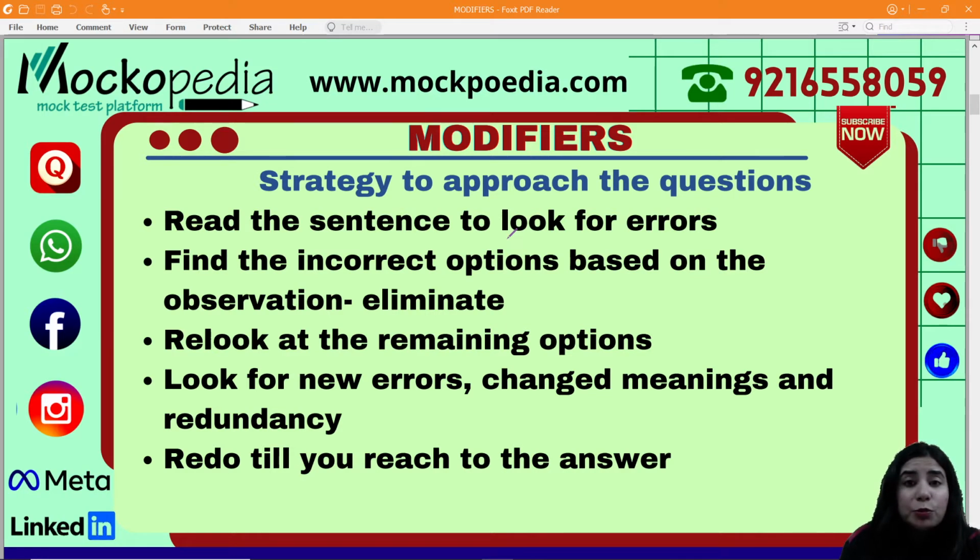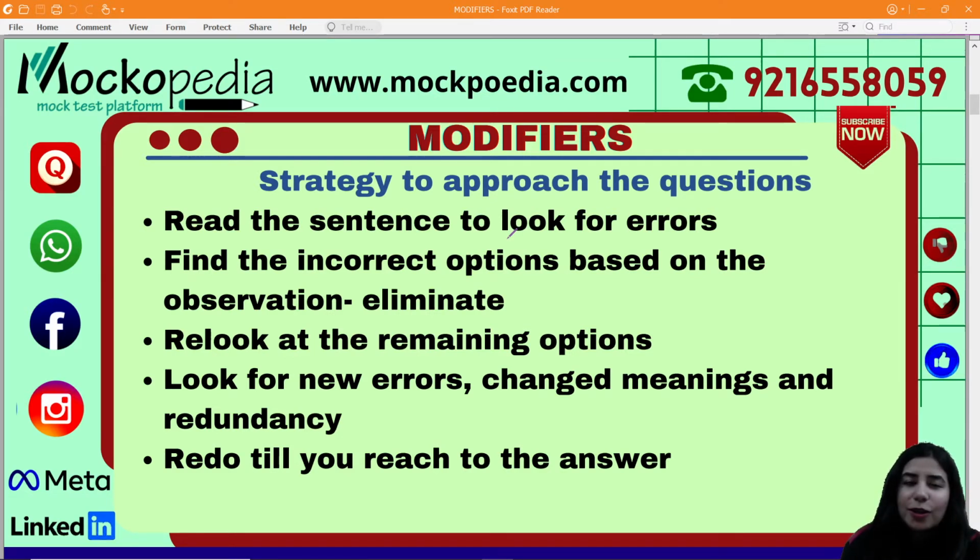If subject verb agreement is not the problem, then move to tenses. If you see pronouns underlined, then usually the sentence might be on noun pronoun agreement, pronoun usage, or pronoun ambiguity. If you see any conjunction underlined, it can be a question of parallel structure. And if you see any sentence starting with a phrase, then most of the time it is a question based on misplaced modifiers.